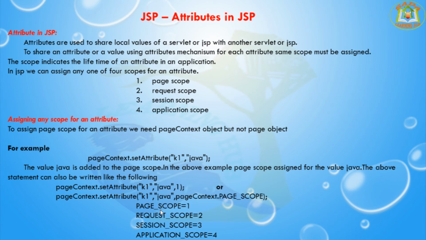In the session scope, whatever JSP pages we use within that particular session can use that attribute. But coming to the page scope, we access the attribute or values only in that particular JSP. In that case, why does the page scope come into the picture?